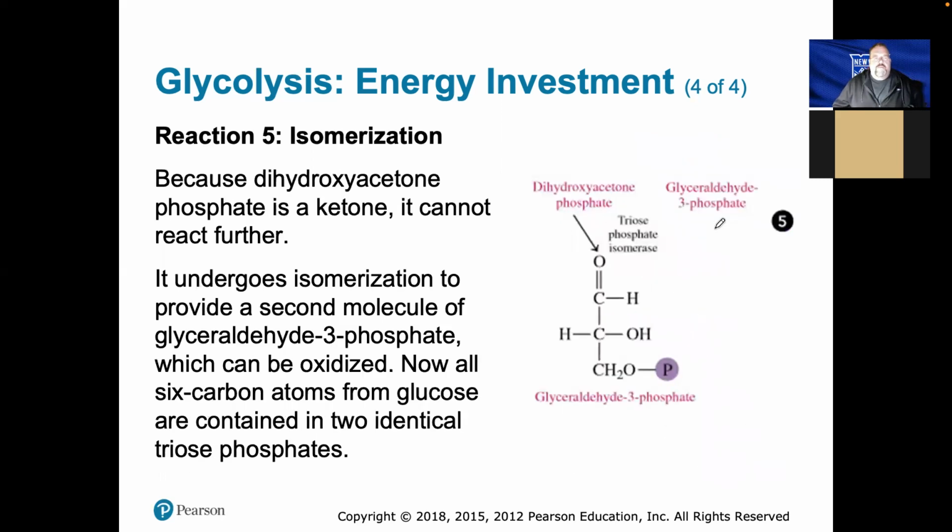And then reaction 5, isomerization. Because dihydroxyacetone phosphate is a ketone, it cannot react further. It undergoes isomerization to provide a second molecule of glyceraldehyde 3-phosphate, which can be oxidized. Now, all 6 carbon atoms from glucose are contained in 2 identical triose phosphates.